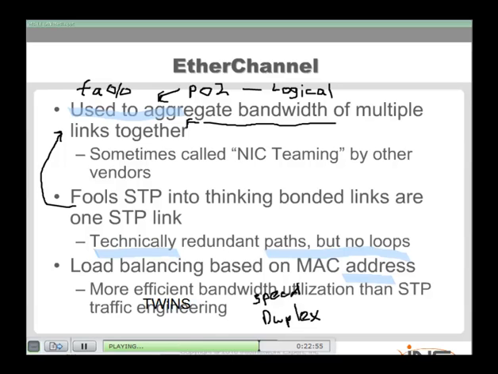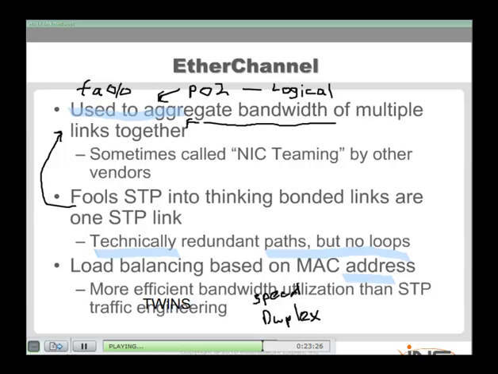We need the same access port config or trunk port config, etc. So the big design caveat here is that the parameters of your interfaces are identical in their configurations so they can be properly bound together in this logical EtherChannel.